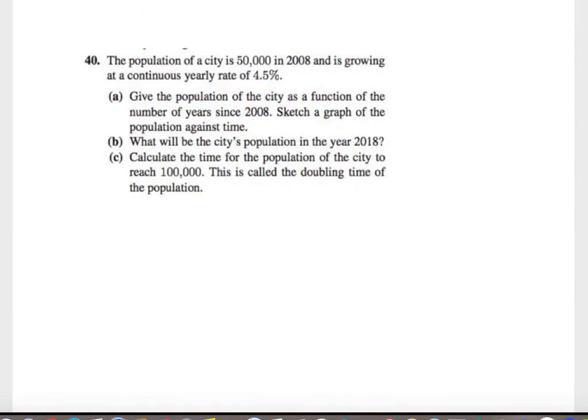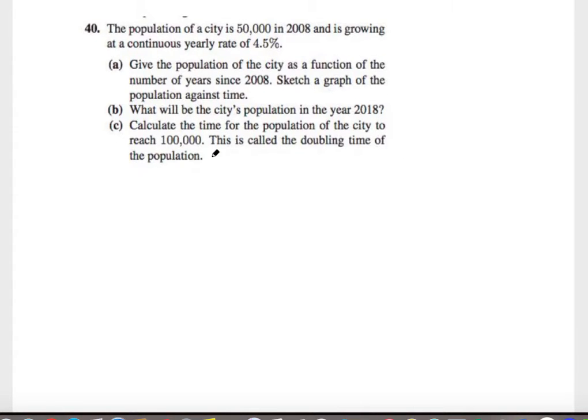And finally, number 40, we have the population of a city at 50,000 in 2008, growing at a continuous yearly rate of 4.5%. So give the population as a function of number of years since 2008. So we have an initial population of 50,000.